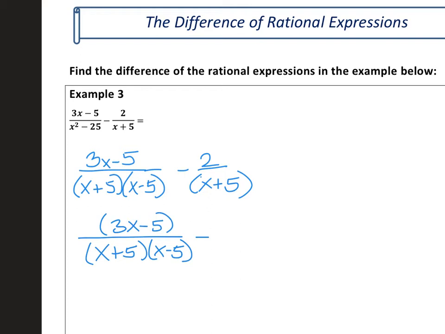But on the expression to the right, if I'm going to rewrite that as an equivalent expression, I'm going to need that x minus 5 piece. And so I'm going to multiply this times x minus 5 over x minus 5.